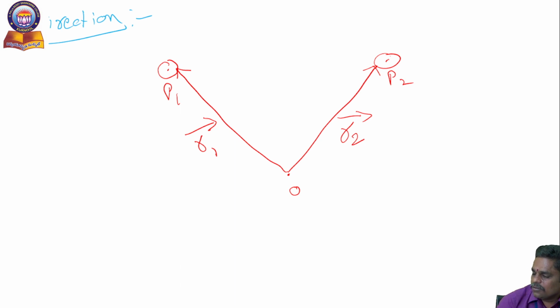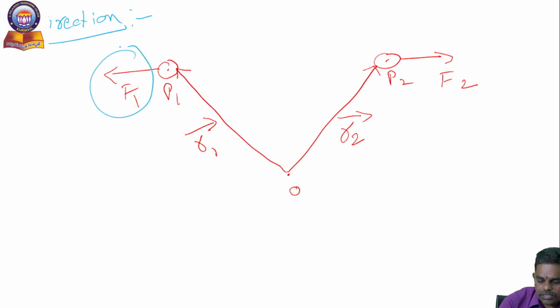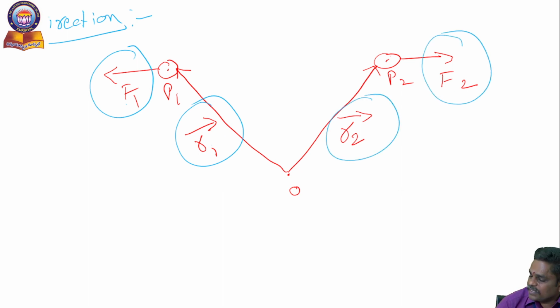Here in case 1, the force goes in this manner. This one is force F1, and this is force F2. The force direction and unit vector direction are both different.